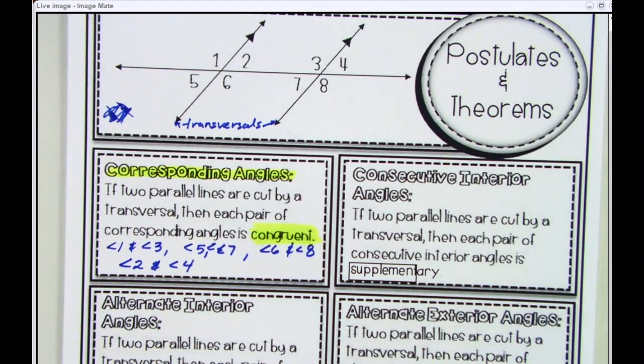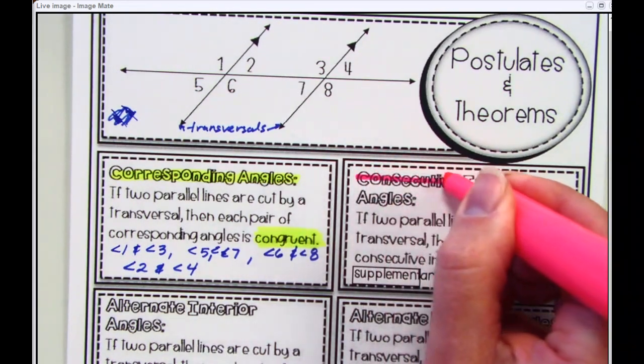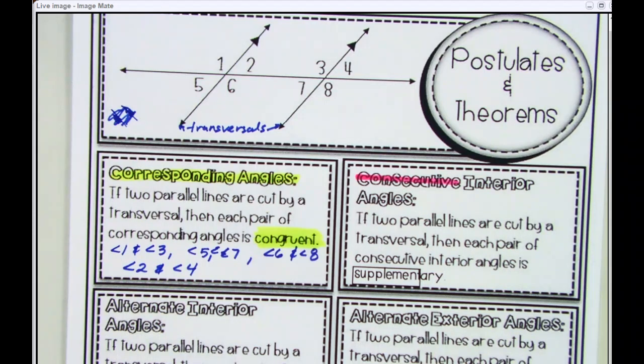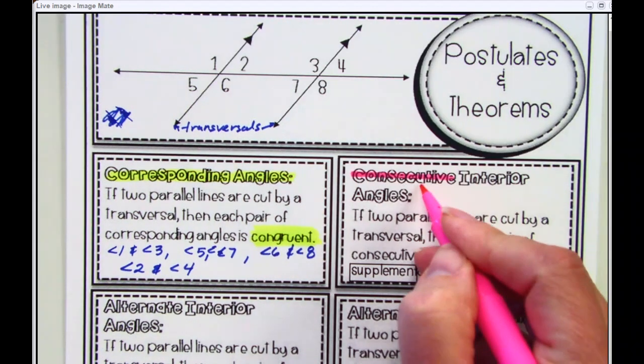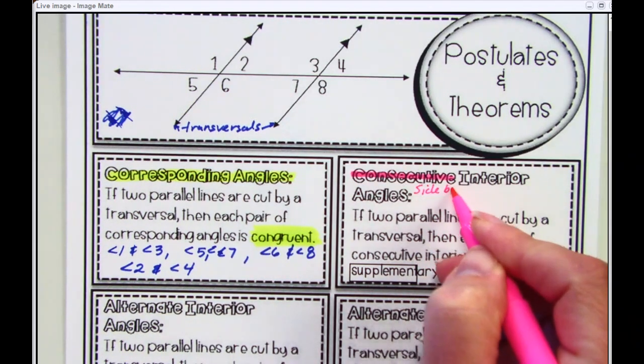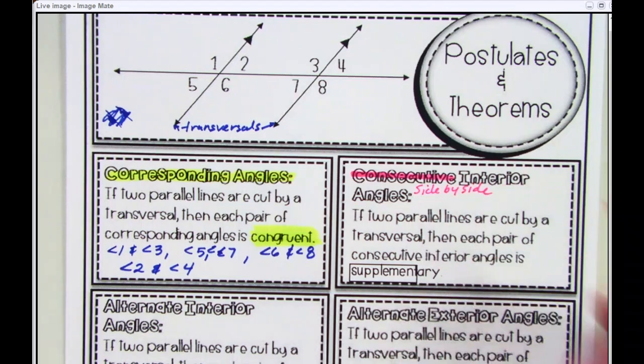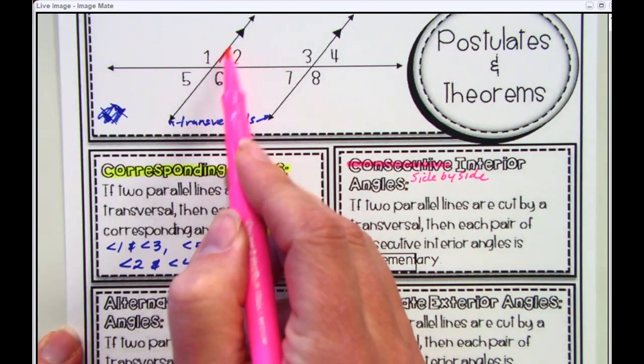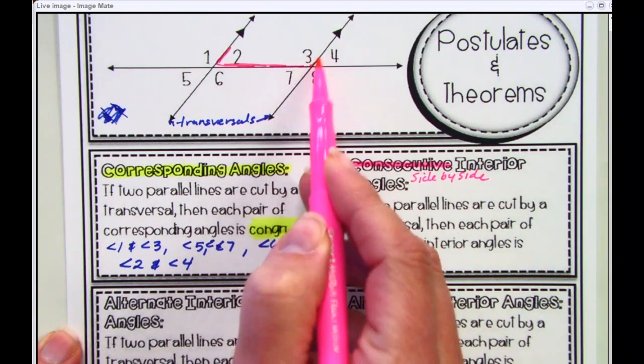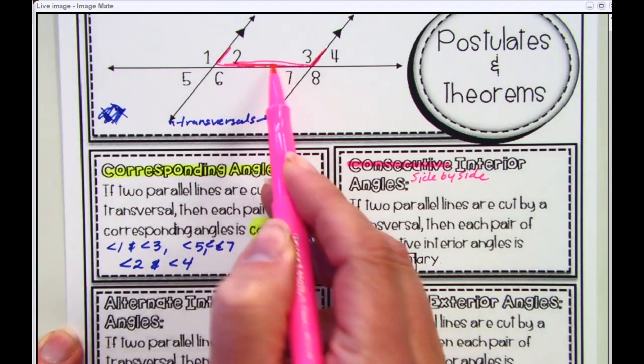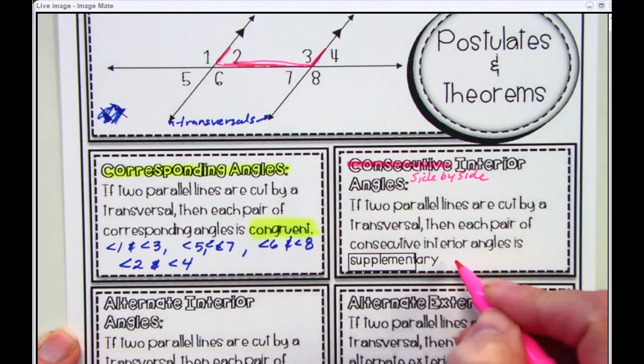Consecutive. What does consecutive mean? Continuing. That's a good way to look at it. A lot of times I look at it as side by side. So if I look at angle 2 and angle 3, those are consecutive.